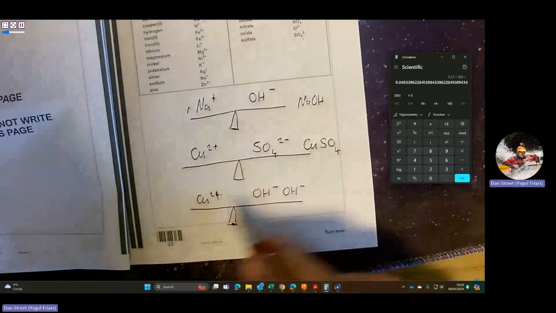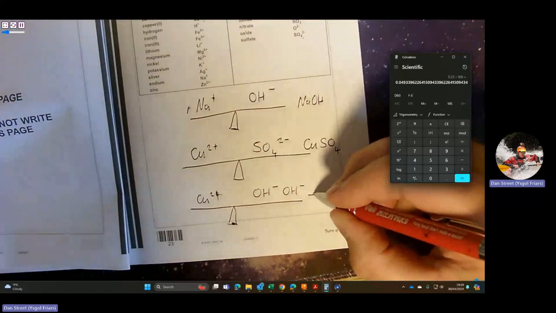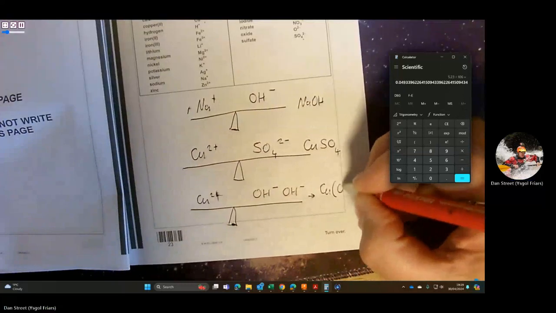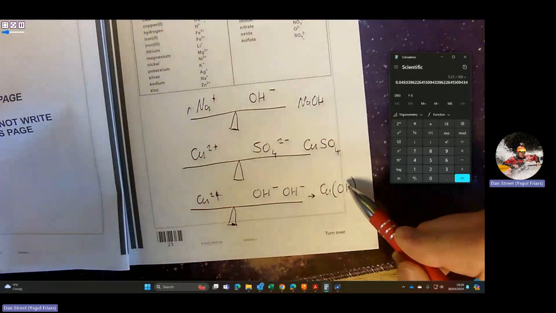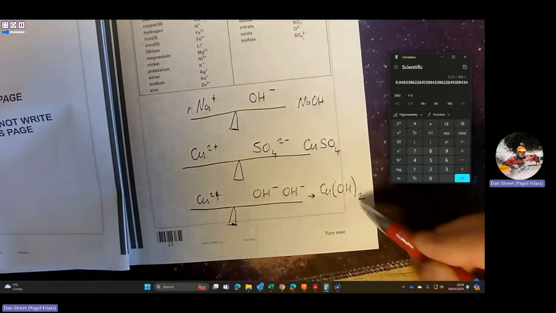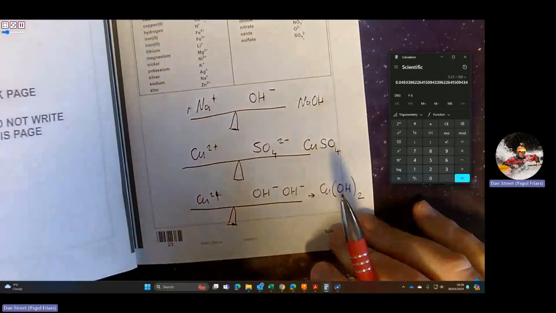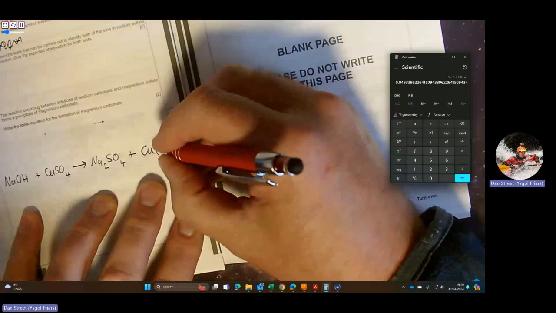We need 1 copper ion and 2 hydroxide ions, which gives us the formula Cu(OH)2. As it's a compound ion, with more than one atom involved, we have to put brackets around it and put the 2 at the end.